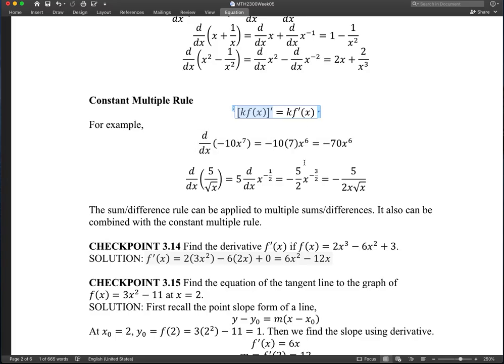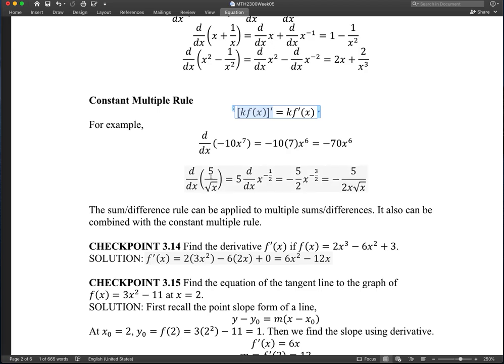I still have two examples. The derivative of negative 10 times x to the 7 is negative 10 times the derivative of x to the 7, which is 7x to the 6. Together, the simplified answer is negative 70 times x to the 6.